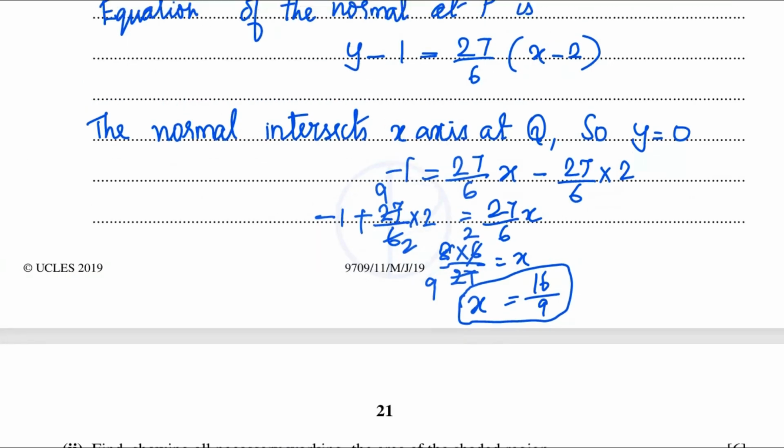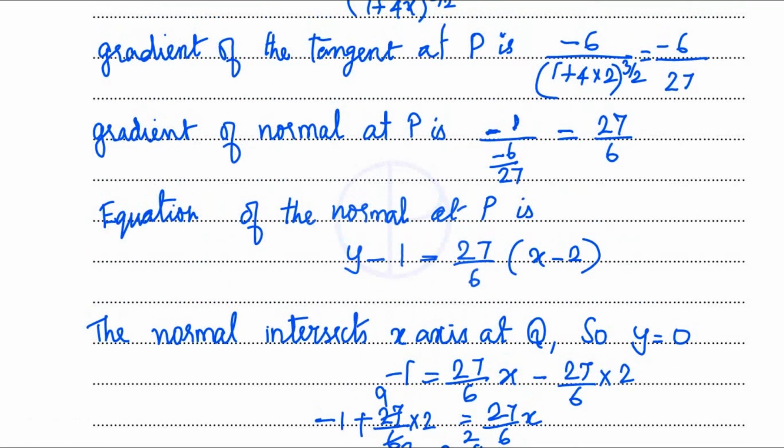So from this, let's write y is equal to 27 divided by 6 x minus 27 over 6 multiplied by 2 plus 1, which gives negative 8.